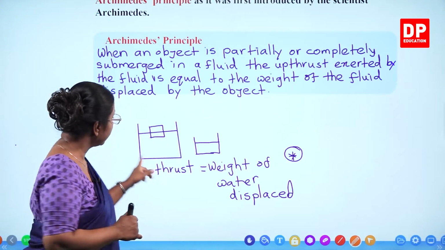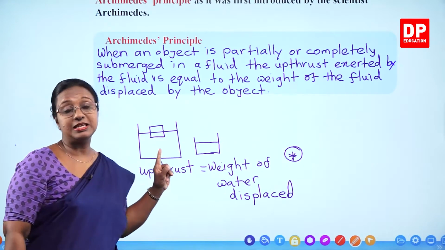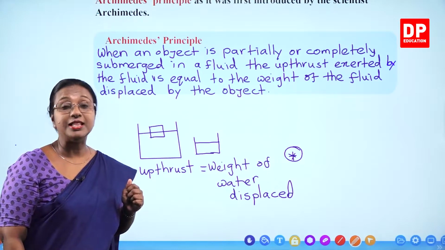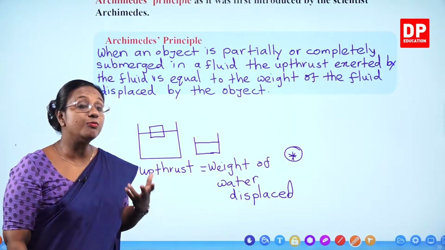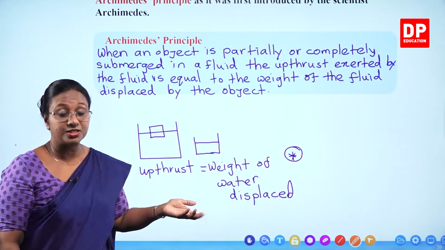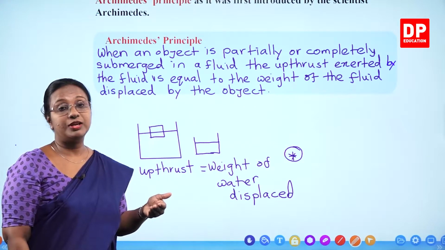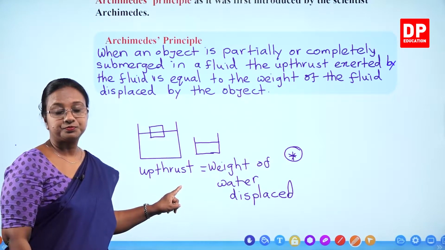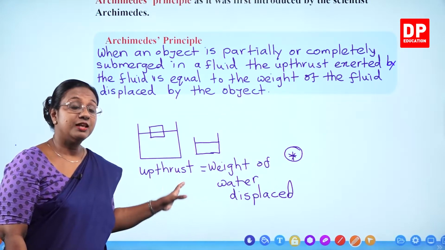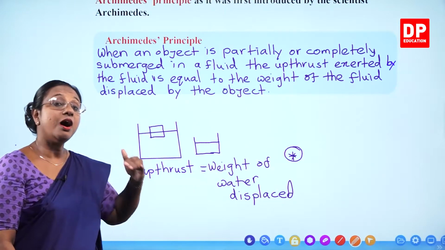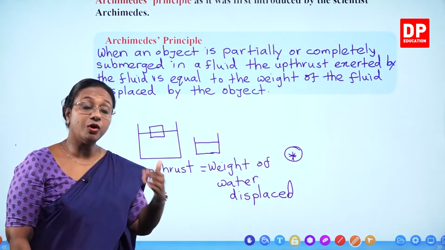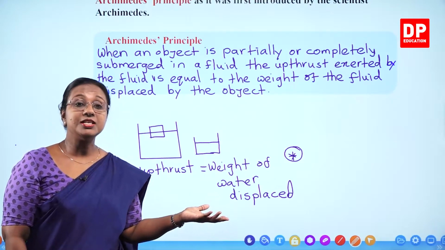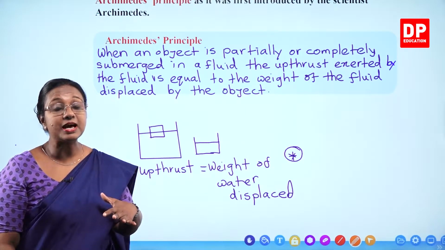So, based on how the object is immersed in the fluid, there will be a certain amount of fluid that is displaced, or a volume of fluid will be displaced. So, the weight of that fluid is what is equal to upthrust. So, from this, we can understand how different objects float or sink. When floating also, whether they are partially submerged or they are completely submerged.